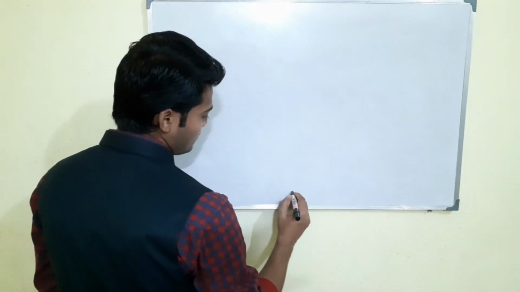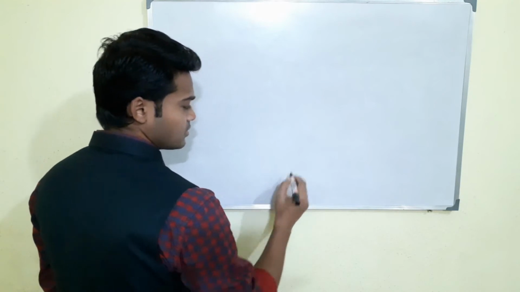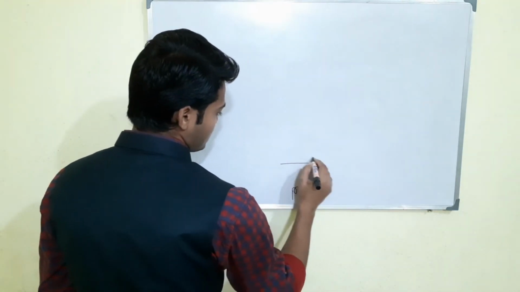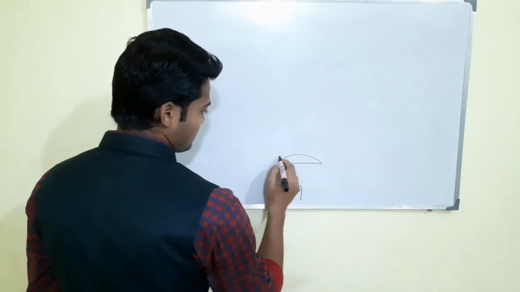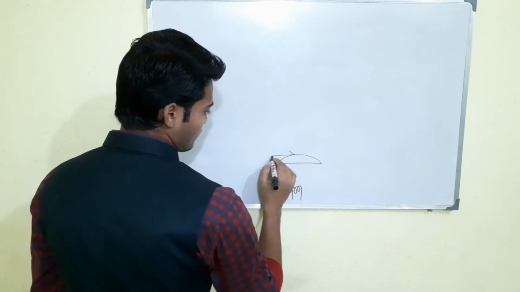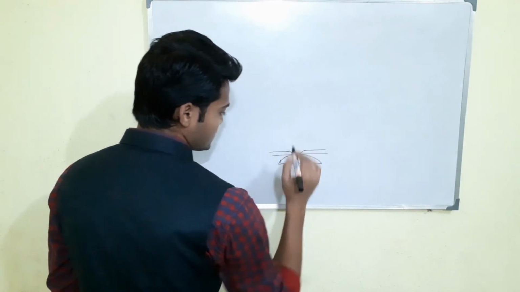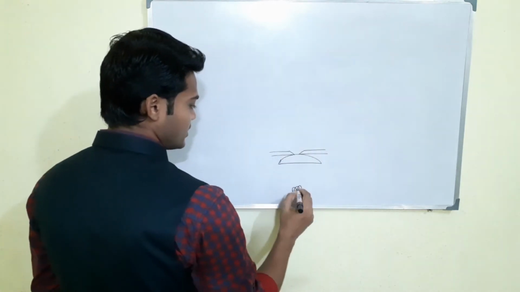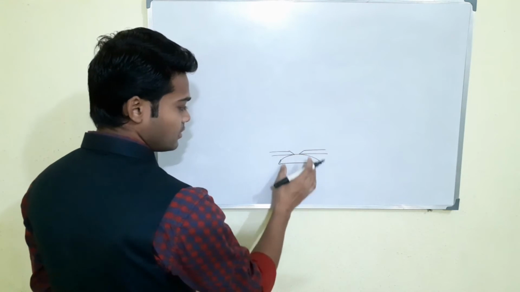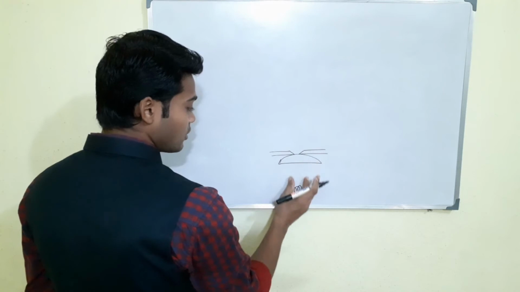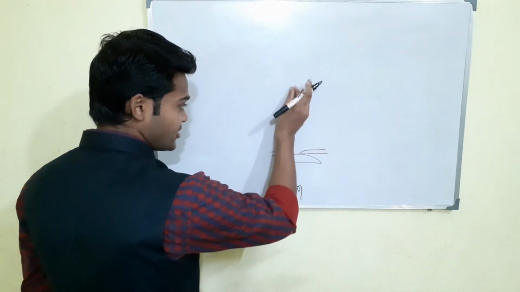Suppose this is a bulb, right, and here a condensing lens is incorporated. This is the condensing lens. When light goes from here, it is in divergent form, so the condensing lens helps to converge it and keep it on the right track.